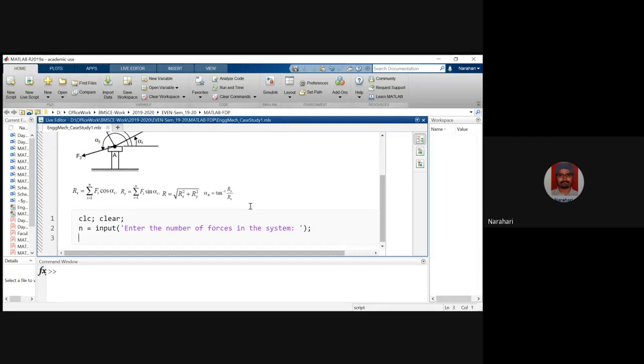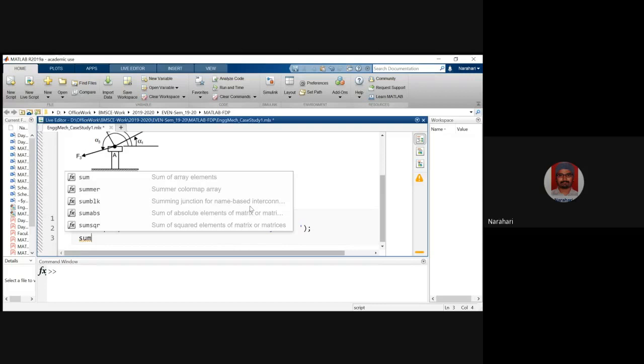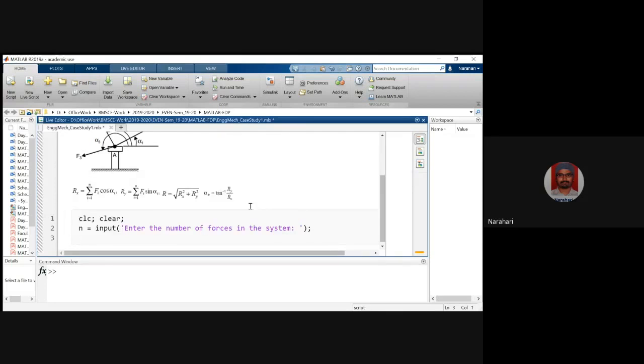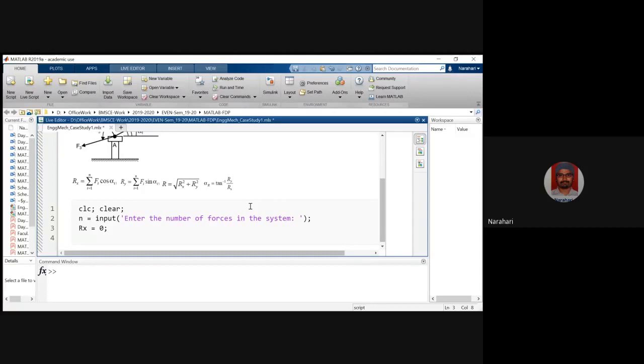Then for this Rx, let me not use this sum. I'll say Rx equals 0. I'll initialize this Rx, that is the resultant along the x direction, to 0. Let me give some comment here. X-axis.